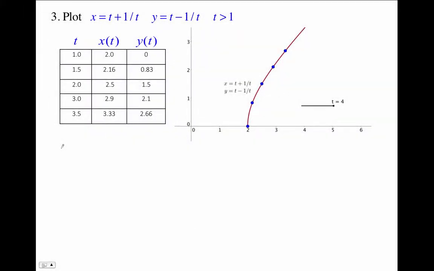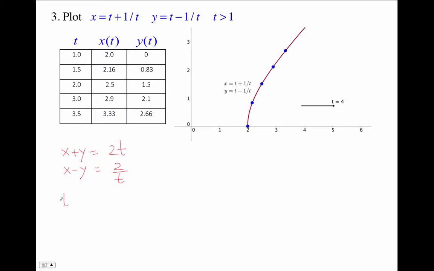Now let's try and understand this curve analytically. As a first step, we shall eliminate t between the two equations that you see at the top. So if we add the two equations, x plus y becomes 2t, and x minus y becomes 2 over t.